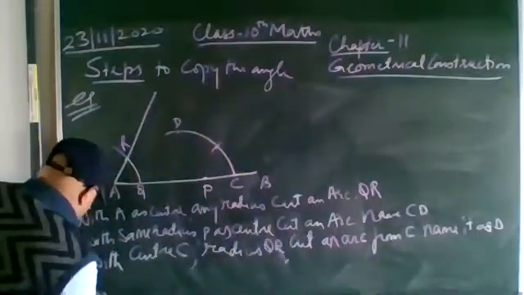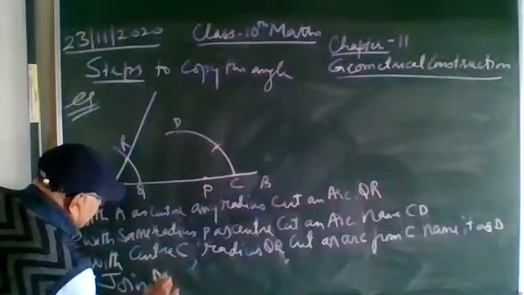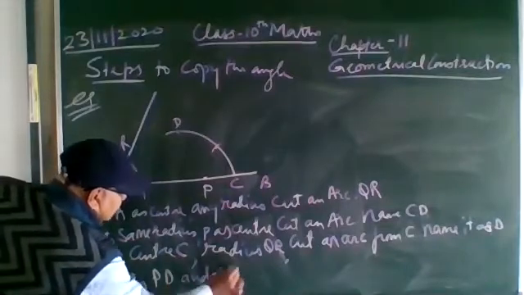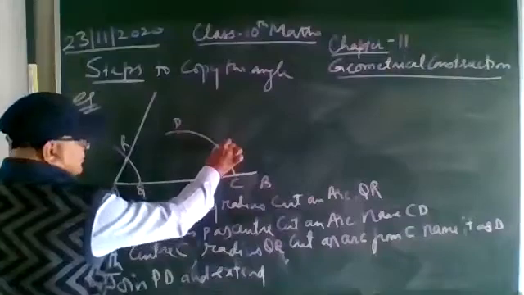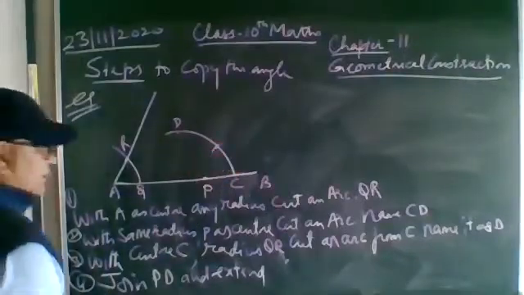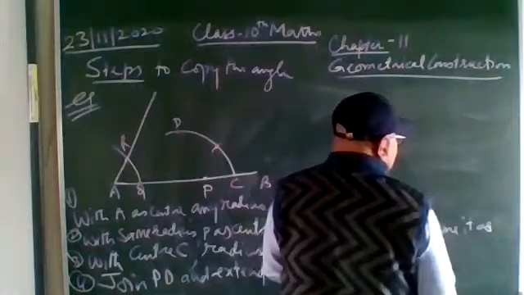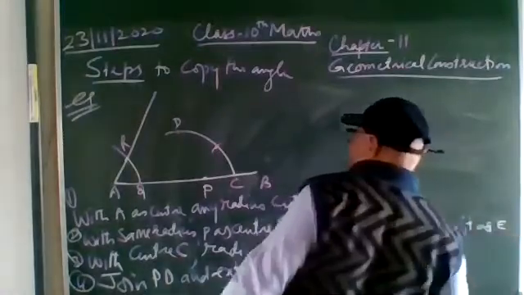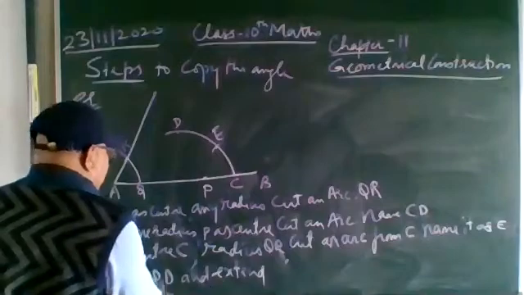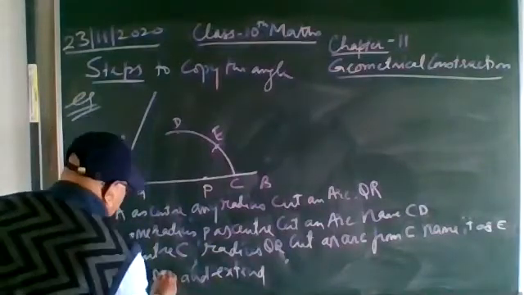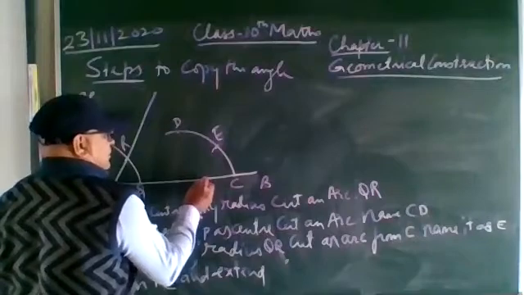Join PD and extend. Name it as E, not as B, you will say E. This is E. Join PE and extend.